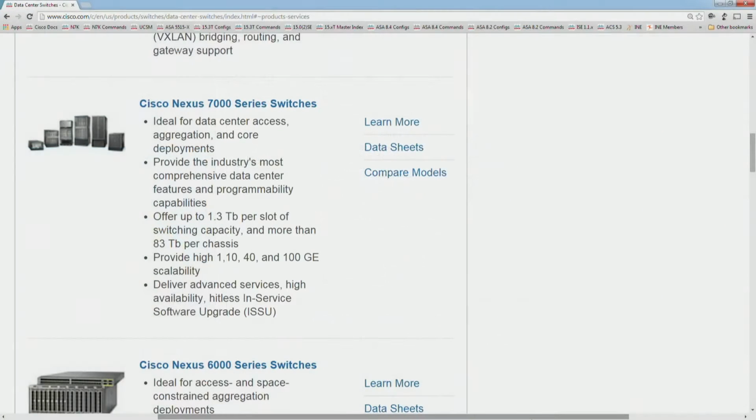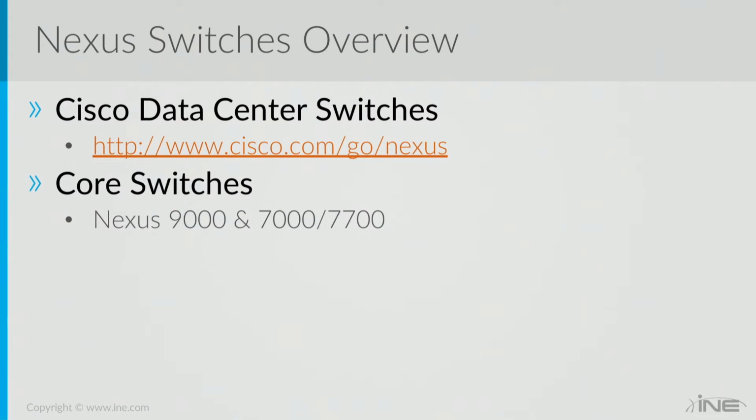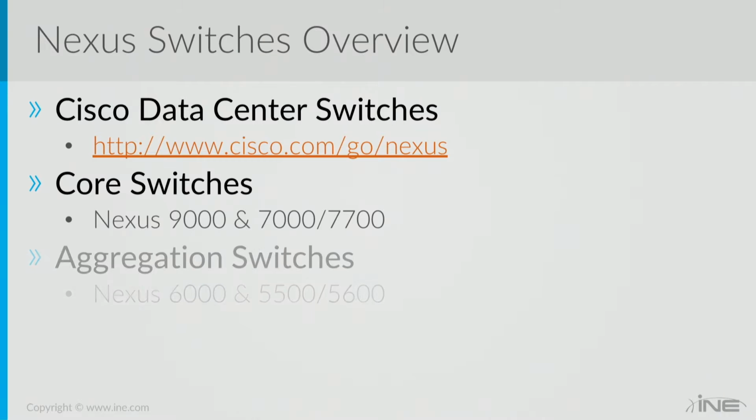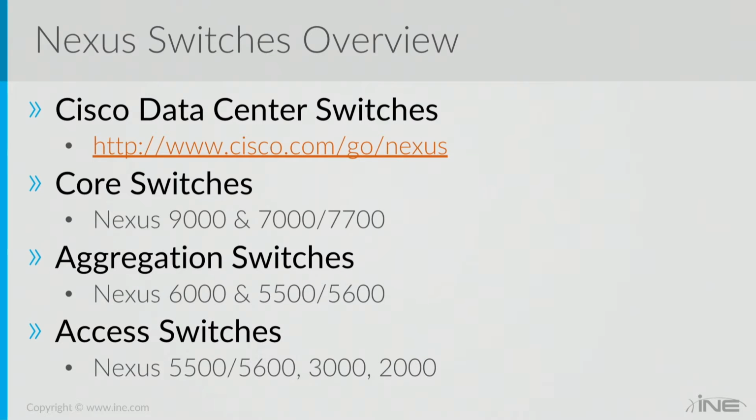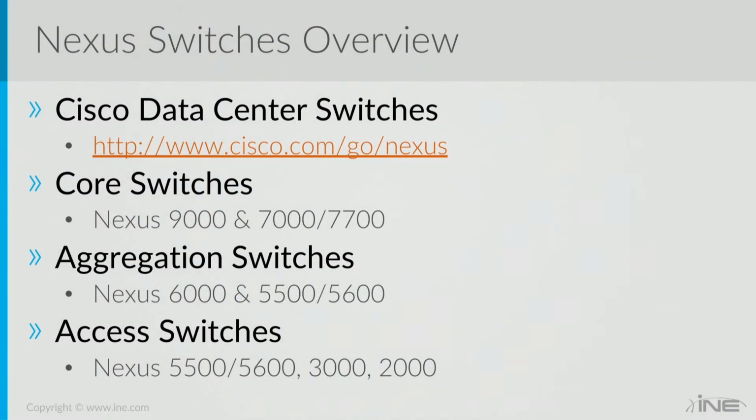Now, before we get to the specifics of that, if we talk about this from a high-level overview, and we look at this from our 3-layer design of core, aggregation and access, in general, you would categorize Nexus 9K and 7K as your core layer 2 and layer 3 switches. In the aggregation layer, that's where normally you would find the Nexus 6K and the 5K, so 5K being the 5500 and the 5600.